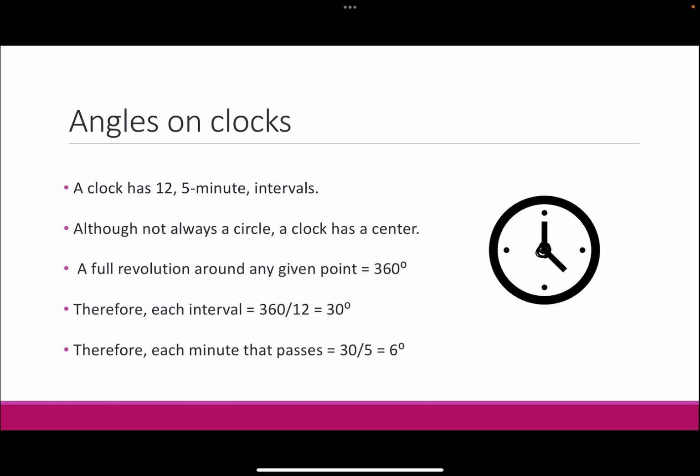When you revolve around a center, one full revolution is 360 degrees, so if we have 12 intervals, each interval is 360 degrees divided by 12, which is 30 degrees. If the clock has minute intervals as well, it's 30 degrees divided by 5, because there are 5 minutes in each interval, meaning each minute is 6 degrees.